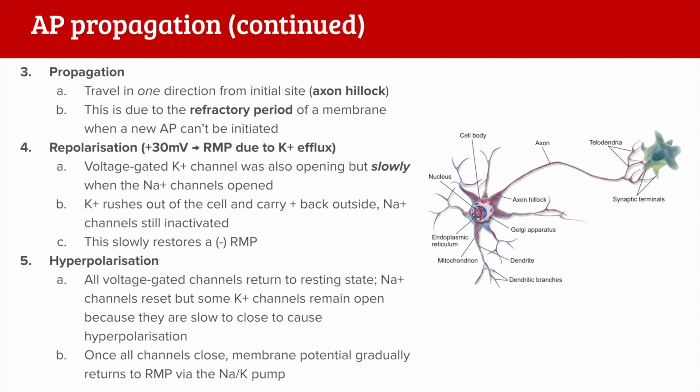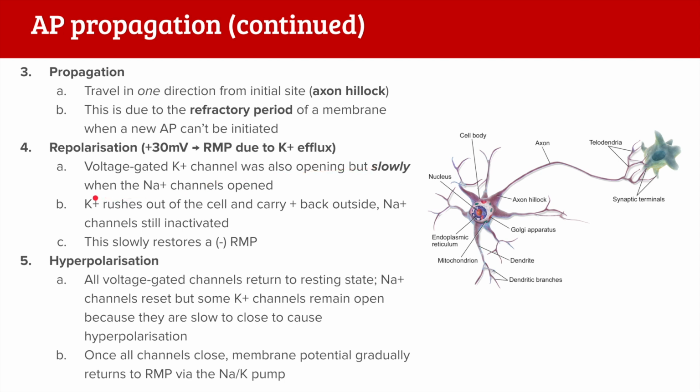Next, there's repolarization. At the point of depolarization, the intracellular fluid goes all the way from -70 to +30 millivolts, right? But it will have to slowly return back to -70. Remember how while the voltage-gated sodium channels are open, the potassium channels are also opening, but more slowly.